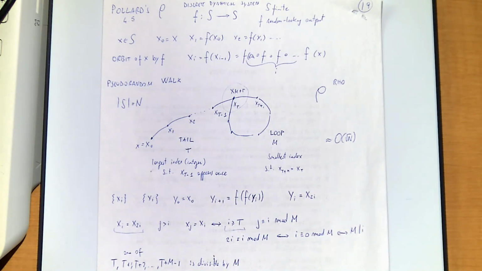Because there are m distinct elements, so one of them needs to be a multiple of m. So clearly, there exists one index i among these that is the one we're looking for.